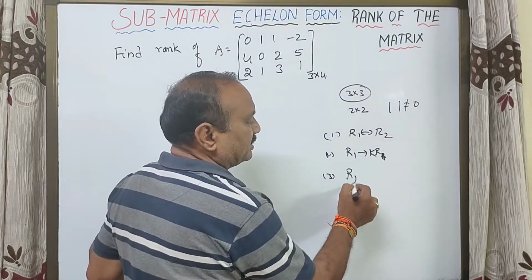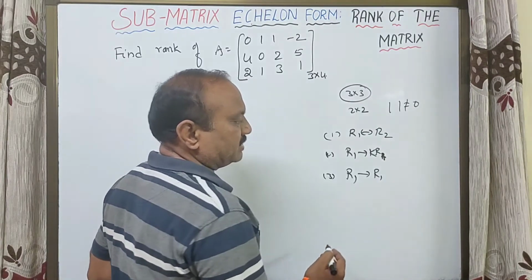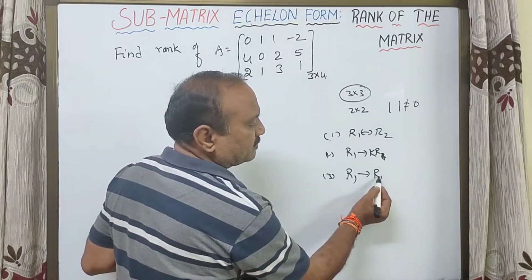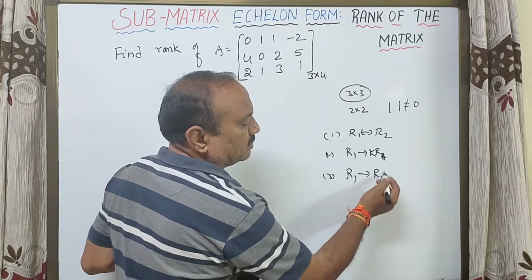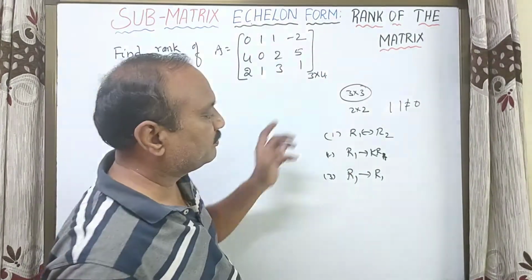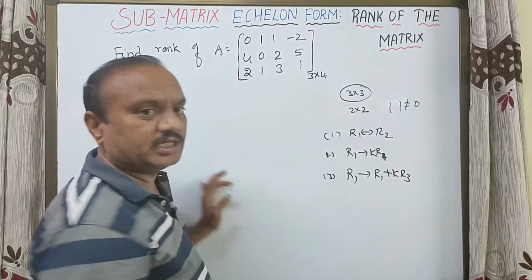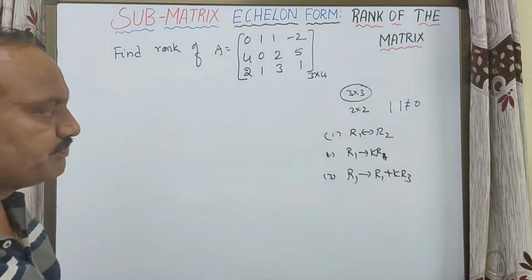Third, changing the row R1 such that we add the elements of another row multiplied by some scalar. These are all called elementary row operations.